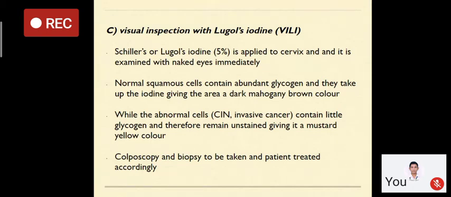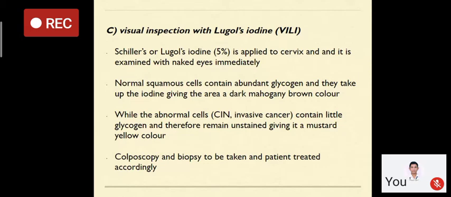The normal cells contain abundant glycogen. So glycogen reacts with the iodine and it becomes mahogany brown color, dark mahogany brown, while the abnormal area will be light brown. It is opposite to acetic acid. As in acetic acid, the abnormal area was pearly white, while the normal area was normal pink colored.